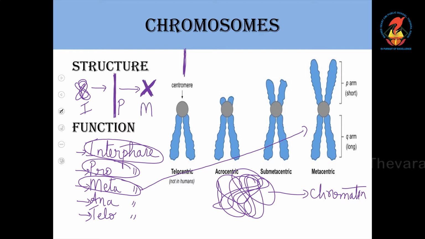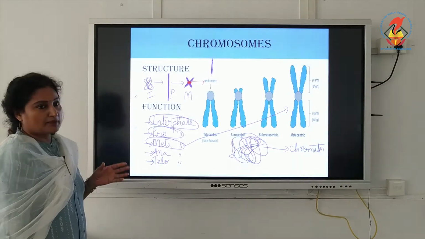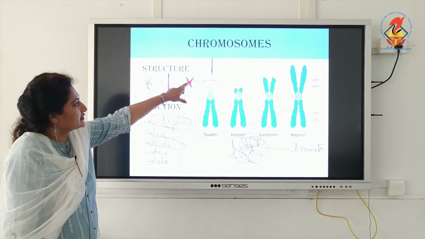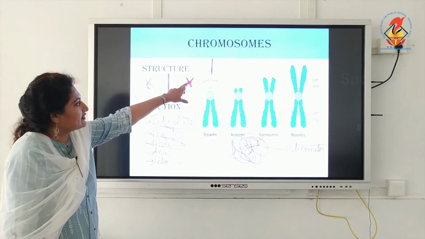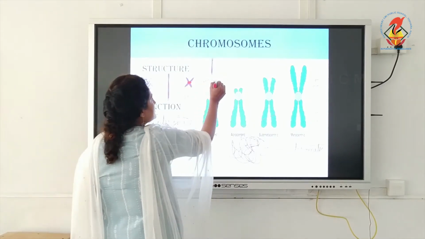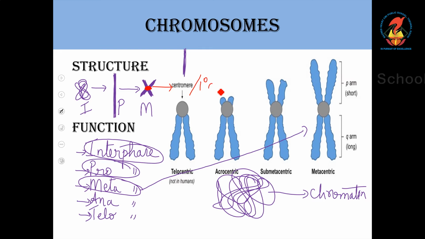Now, describing the chromosome in its metaphase, it has a constriction, and this constriction is known as the primary constriction or centromere. Because it is located at the center, it is seen like an X with a central constriction, and that constriction is called the primary constriction or centromere.